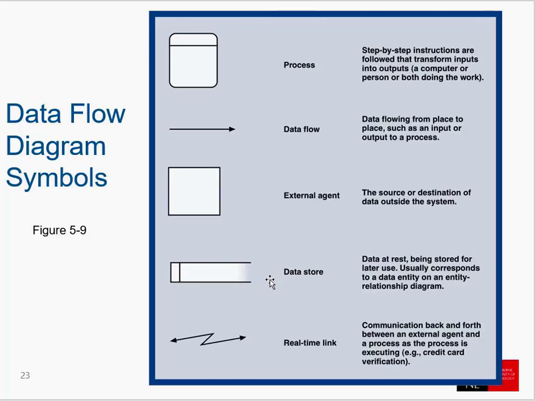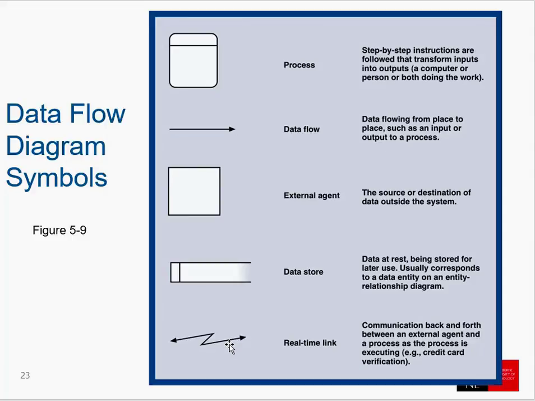Then we have this zigzag kind of double-headed arrow. This shows the real-time link, the communication back and forth between an external agent and the processes when the processes start executing.